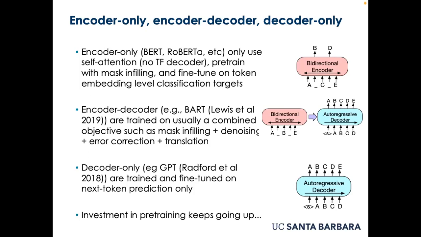So that's another useful thing about encoder decoder: if you have two completely separate modalities, it makes more sense to do that. But if you're sticking in one modality, depending on if you want to do classification or generation, it can make more sense to do encoder only or decoder only.